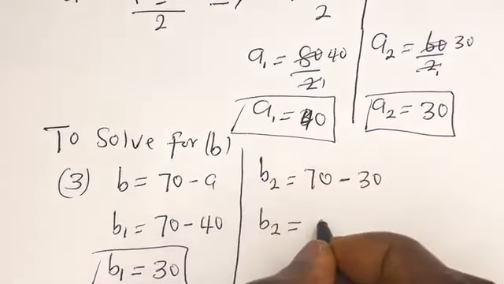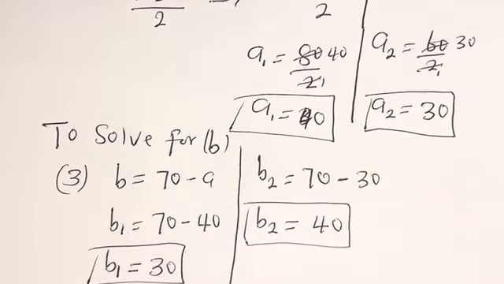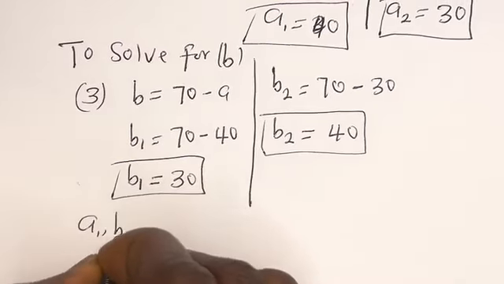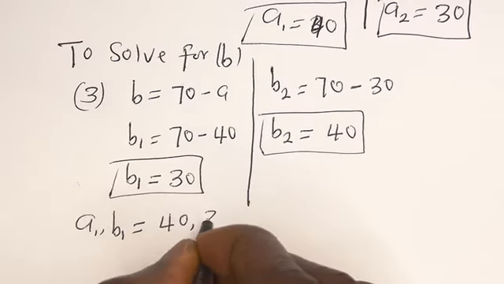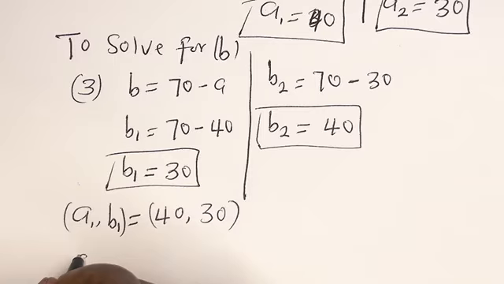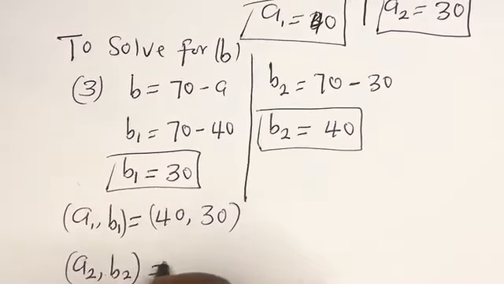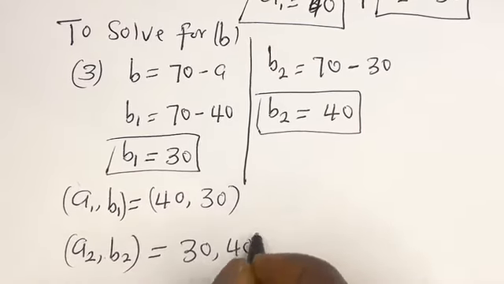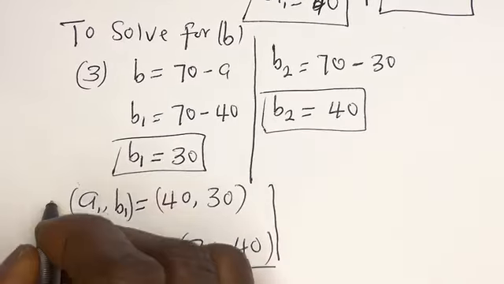B2 is equal to 40. Therefore, our final answers are A1, B1 is equal to 40, 30. A2, B2 is equal to 30, 40. These are the final answers.